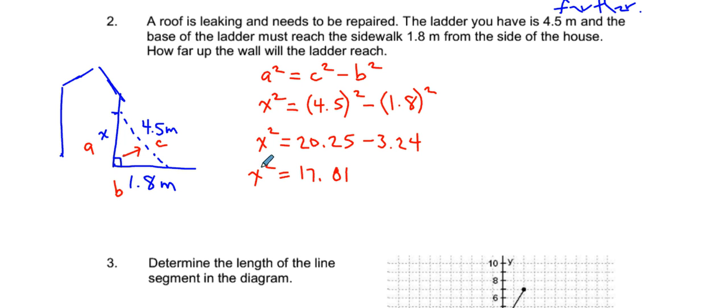And in order to go from x squared to x, I need to take the square root of my value. So x is equal to approximately 4.1, and my units are meters. So that tells me that the ladder will reach 4.1 meters up the wall.